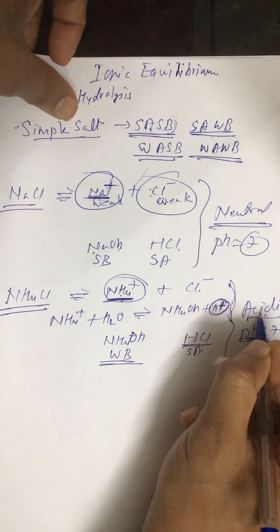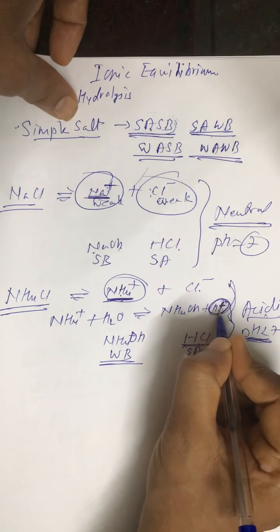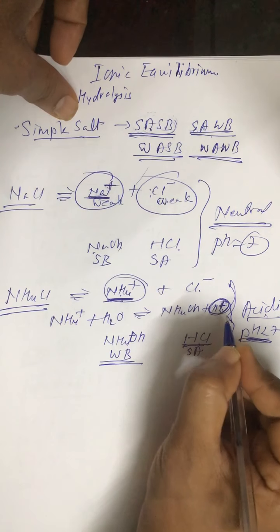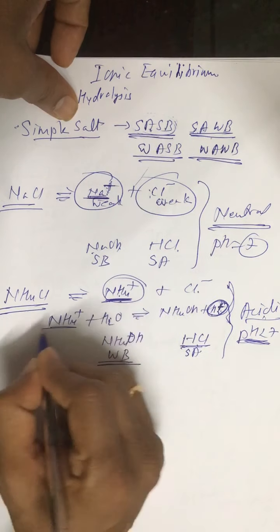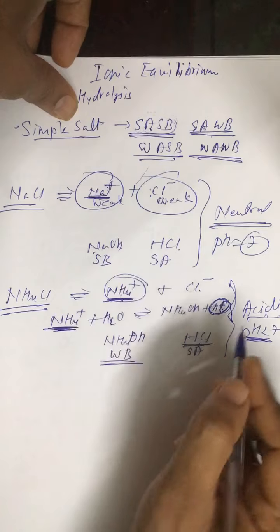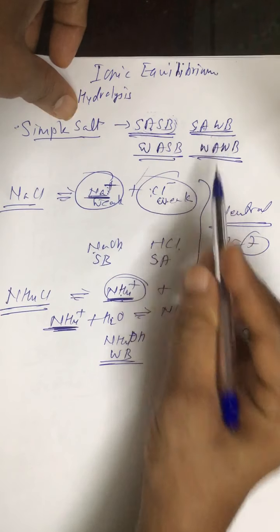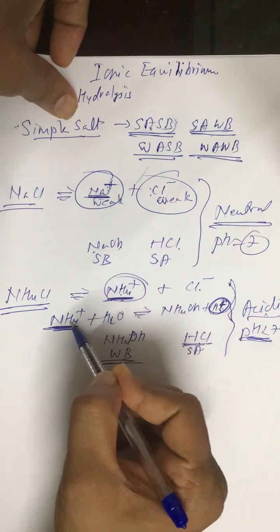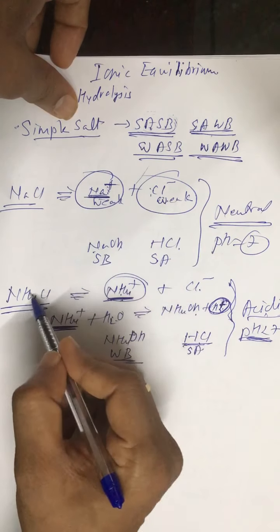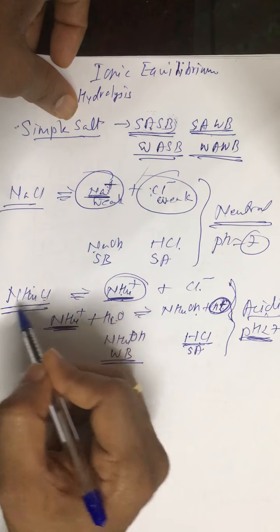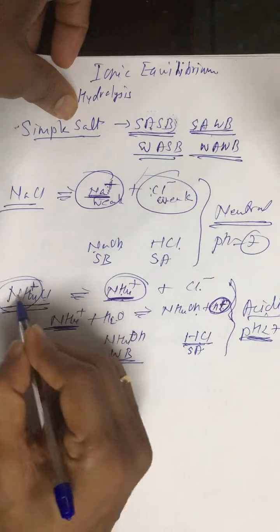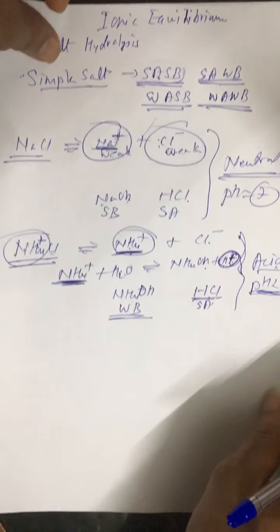If it is an acidic solution, obviously H positive is there. H positive is a cation, and it is produced due to cationic hydrolysis. So say strong acid, weak base salts are due to cationic hydrolysis. Whichever cation is mentioned, like here the cation is NH4 positive, say it is due to cationic hydrolysis.